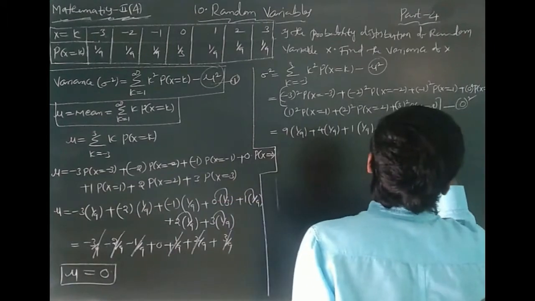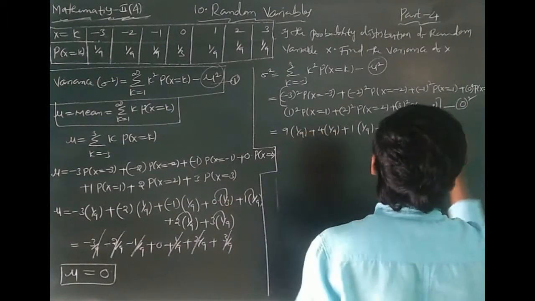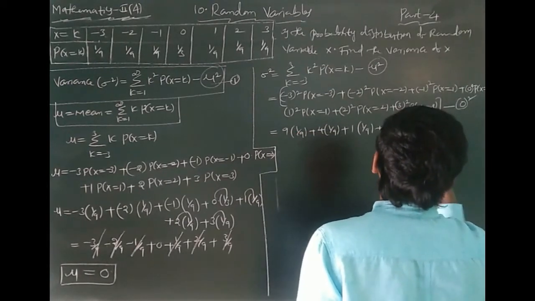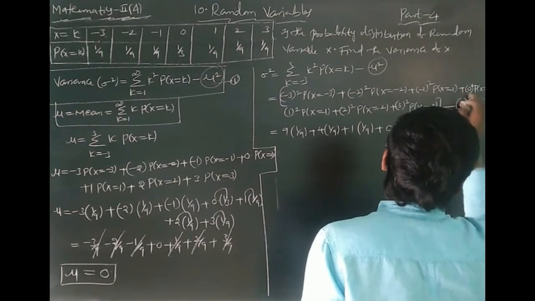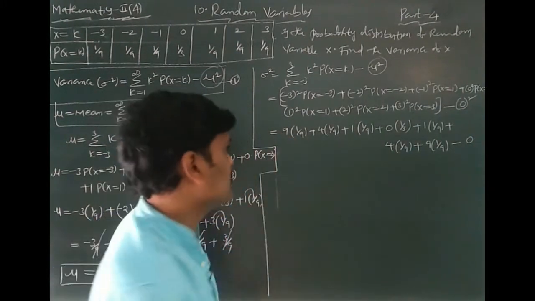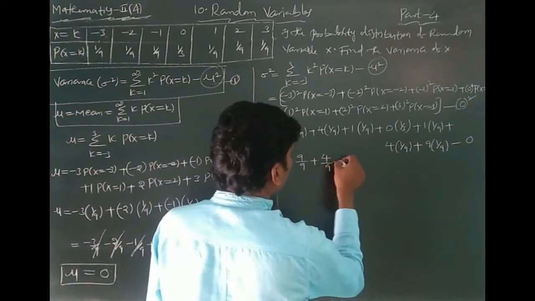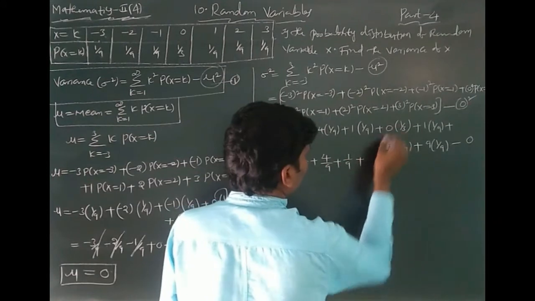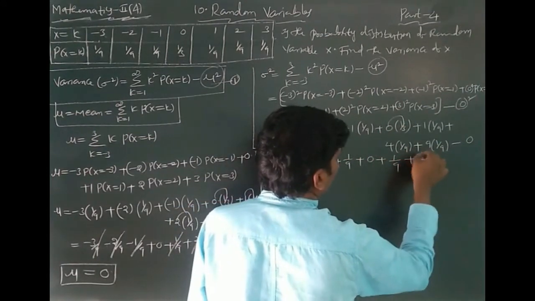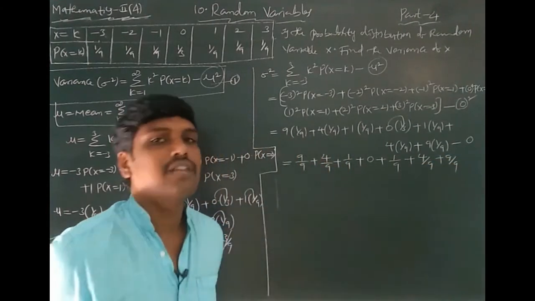Plus 1 square value 1 into 1 by 9, plus 2 square value 4 into 1 by 9, plus 3 square value 9 into 1 by 9, minus 0 square value, you get 0. Understood? After that, 9 by 9 plus 4 by 9 plus 1 by 9 plus 0 into something 0, plus 1 by 9 plus 4 by 9 plus 9 by 9 minus 0, that will also be 0.